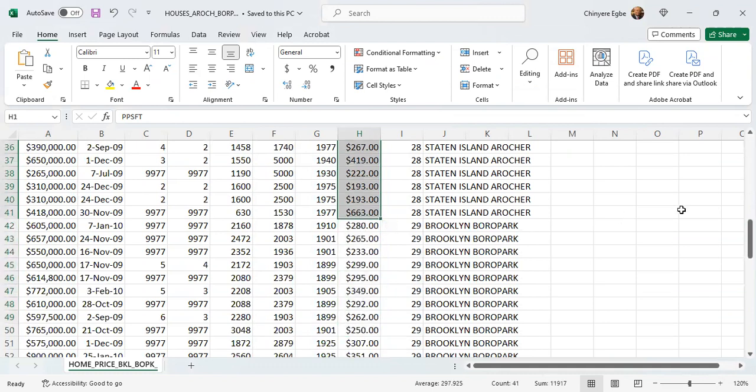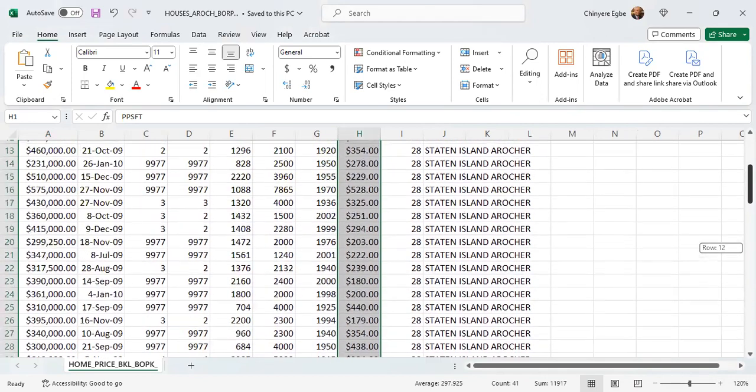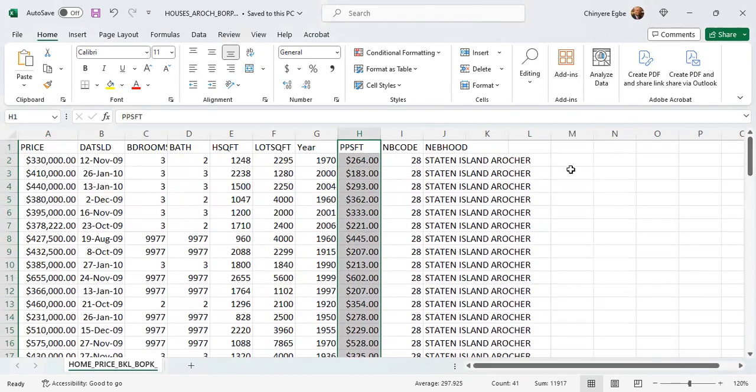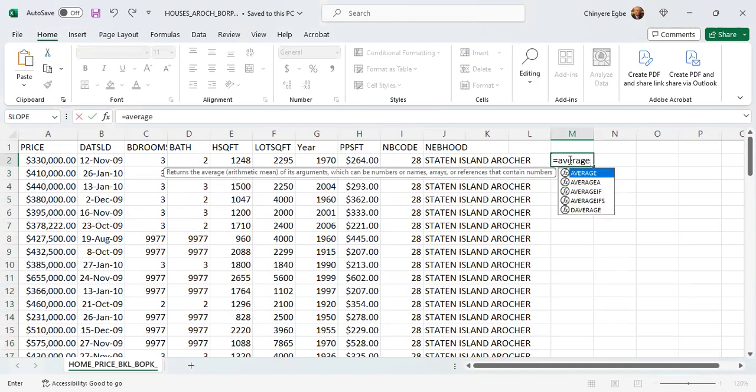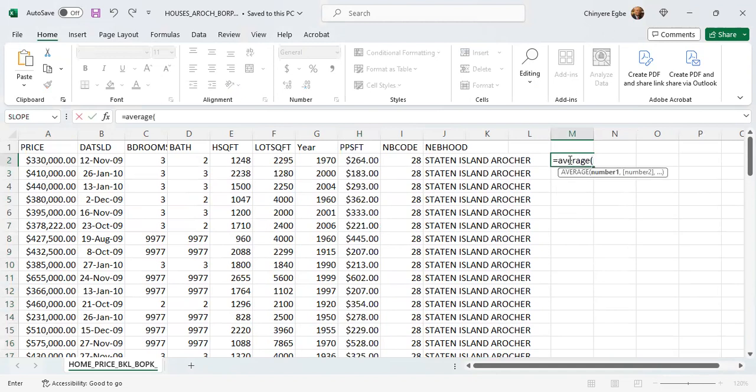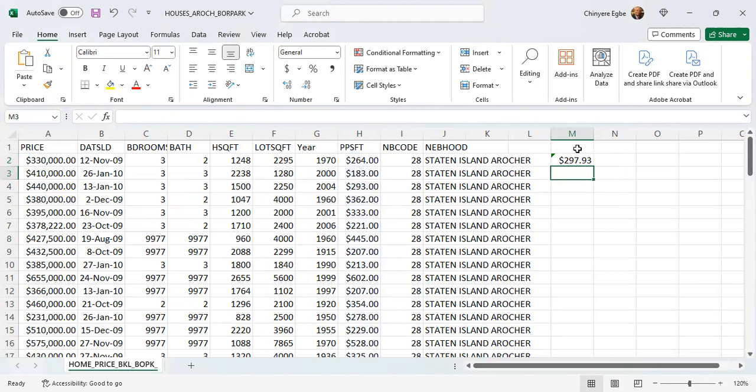Okay. So we are going to H41. All right. So we're going to go equals average, H2 to H41. Okay, so that is the average price per square foot.